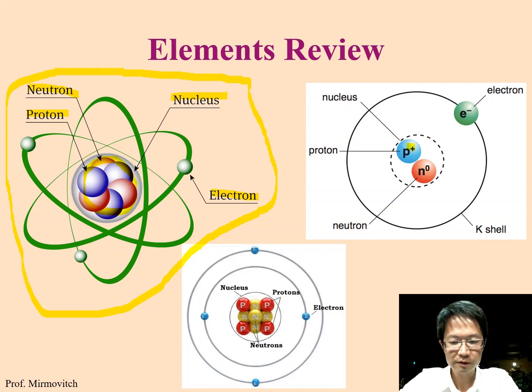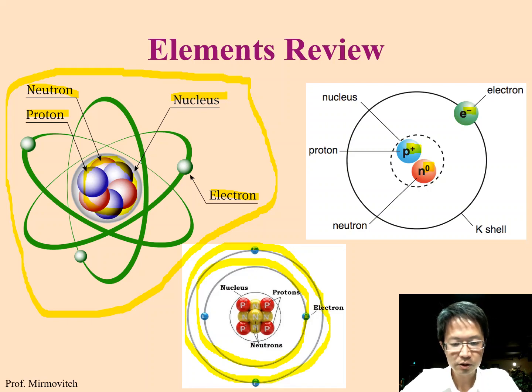Proton is positively charged, neutron is neutral with no charge, and electron has a negative charge. Electrons are located in different orbits. The first orbit can hold a maximum of 2 electrons. The second orbit can hold a maximum of 8 electrons.